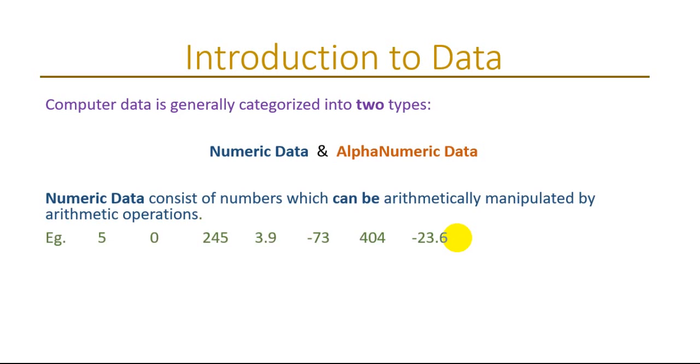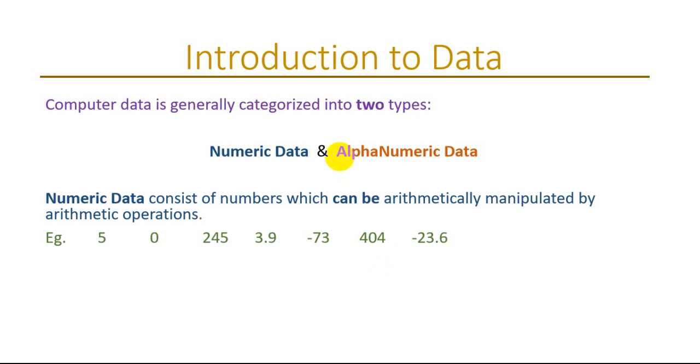These are all numeric data, because if you take 5, 0, 245, 3.9, minus 73, 404, or minus 23.6, any of these can be added, subtracted, multiplied, and divided, and basically arithmetic operations can be performed on them, and there will be some result.